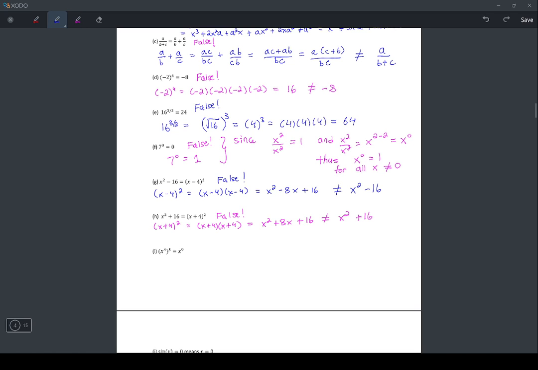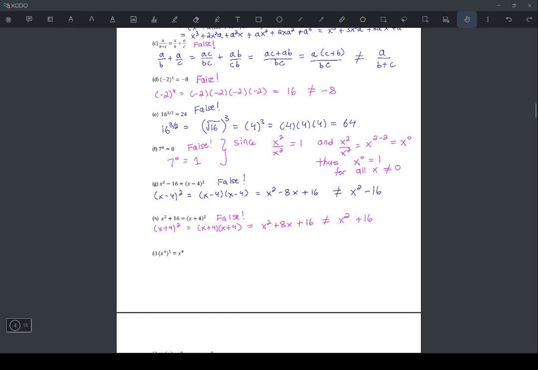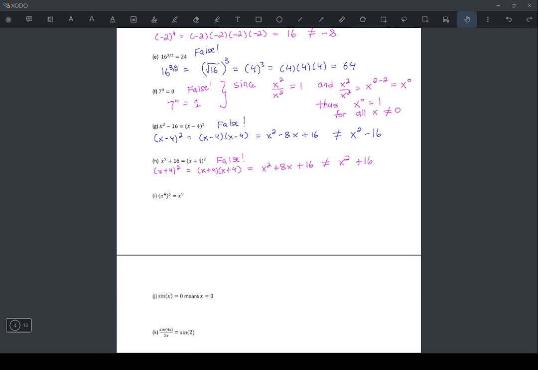Okay, last problem on this page. X to the 4 all to the 5 is equal to x to the power of 9. Well, this is false. Here's why. I'm going to give you two answers. One of them is a formal statement of exponent laws. X to the m to the n is x to the m times n, not x to the m plus n.